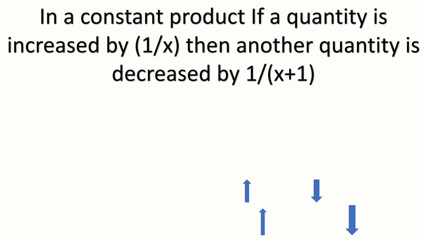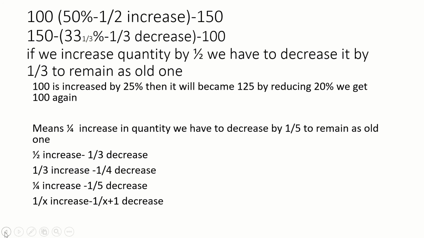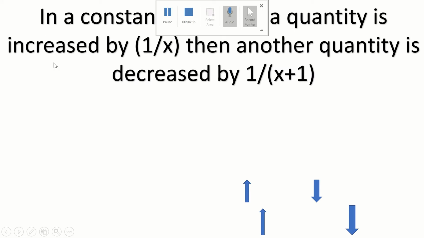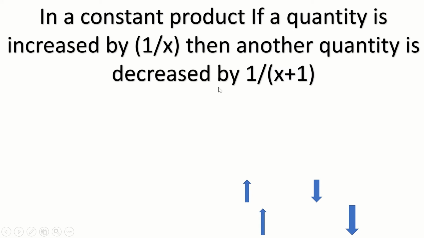If you see the old thing, 100 is increased by 1 by 2; to remain the same, it must be decreased by 1 by 3. So here I have written it in terms of x. This is the beautiful statement, and by this we can solve many problems.